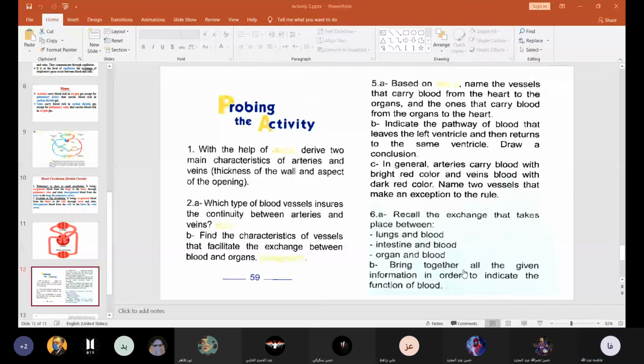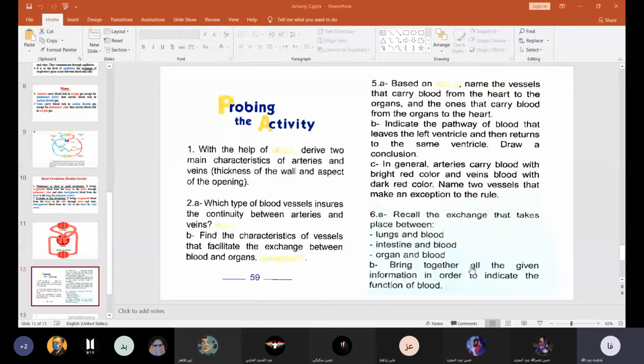Which vessels make the exception, arteries or veins? I say arteries carry blood rich in oxygen except, who is the exception?